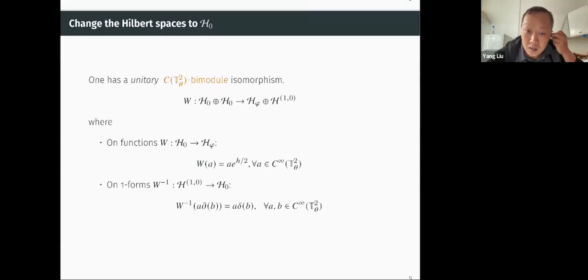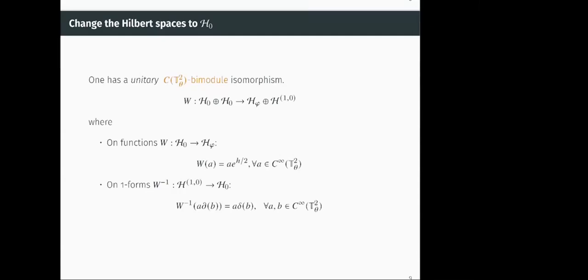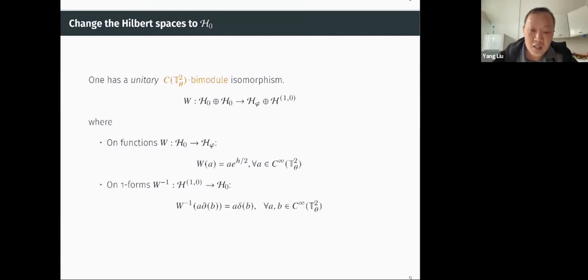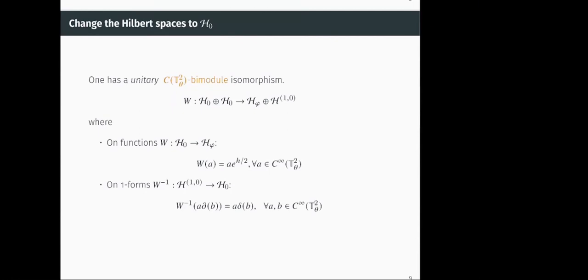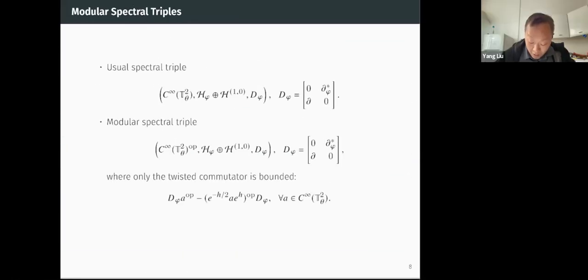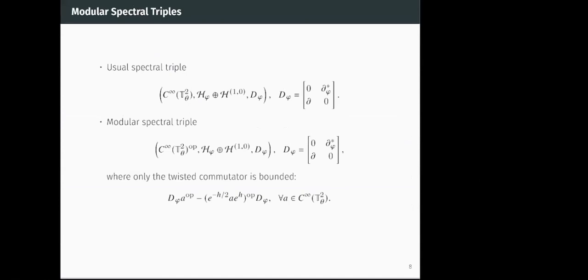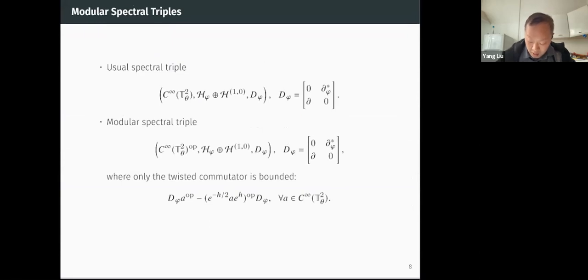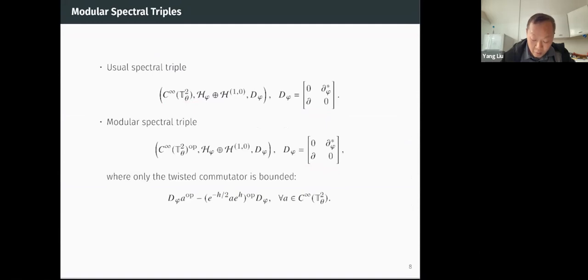Excuse me. At this moment, the only difference is in the algebra, yes? The difference between what? Between these two spectral triples, the left and right. Yes, the up and down. In this one, I'm using the left multiplication acting on the Hilbert space.